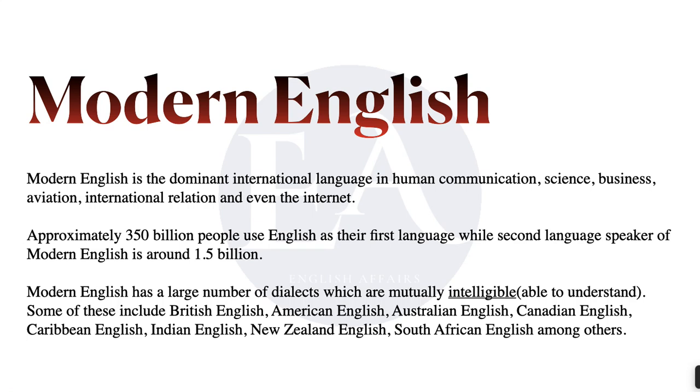Modern English has a large number of dialects which are mutually intelligible, able to understand. Some of these include British English, American English, Australian English, Canadian English, Caribbean English, Indian English, New Zealand English, South African English, amongst others.